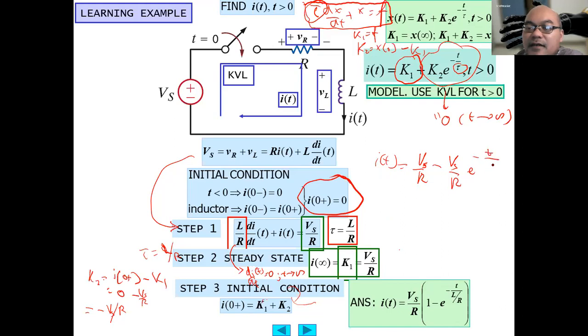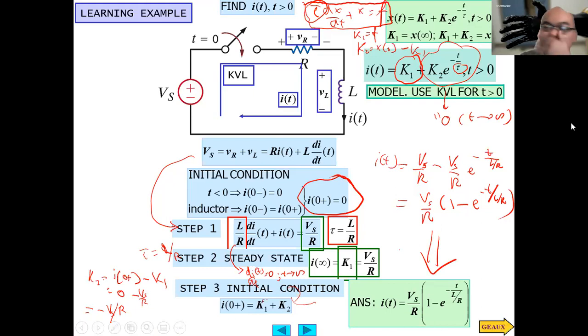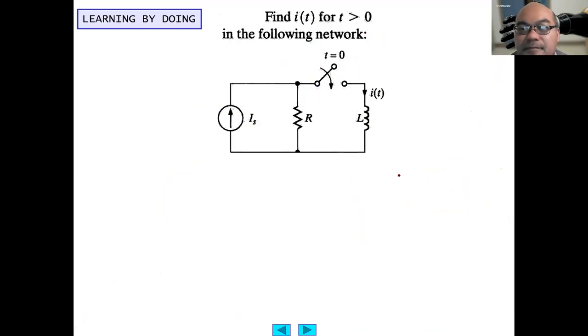Tau is L over R. We can simplify this into Vs over R times 1 minus exponent minus t over L over R, which is this form. Any questions? Quite clear, I think.